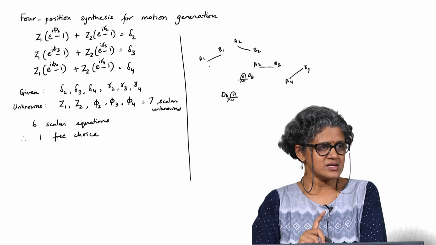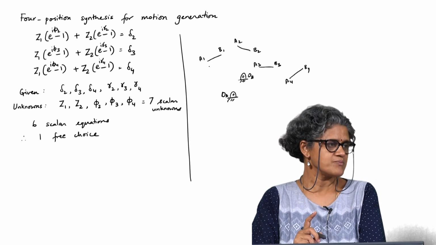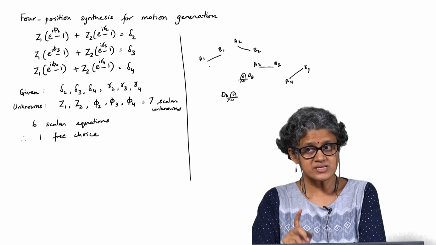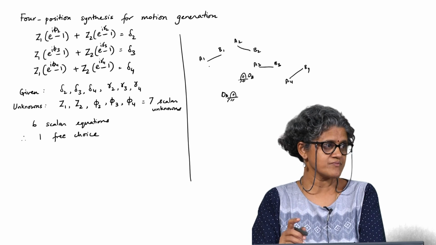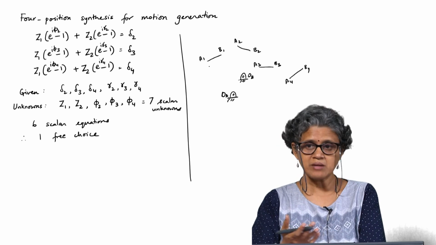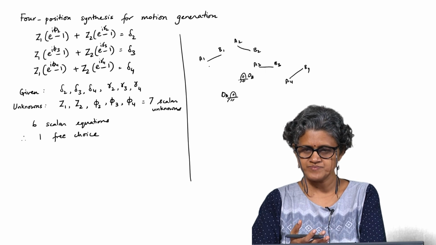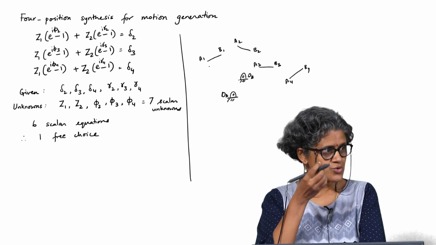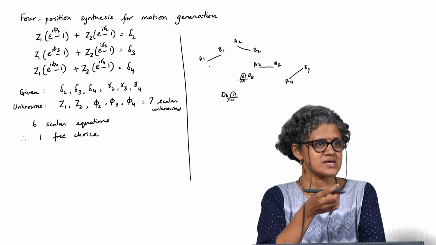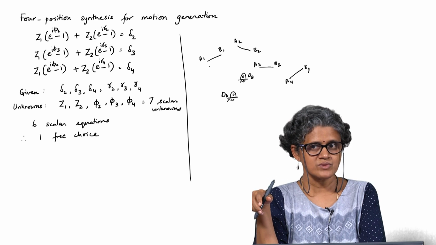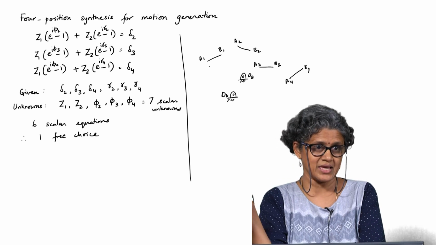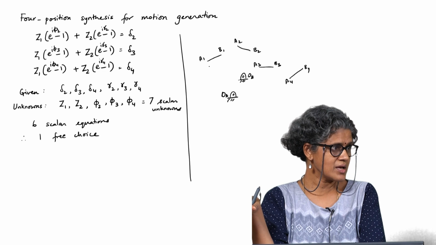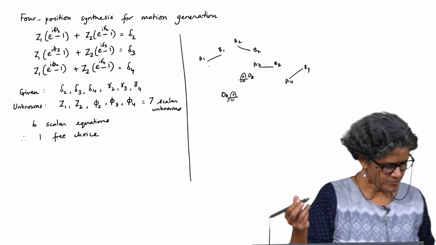So, the question we want to ask is, are there certain points on the coupler or the moving plane such that you can find a circle that passes through all 4 of them. So that they will lie on the same circle.